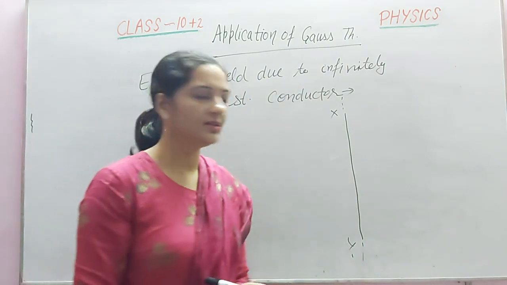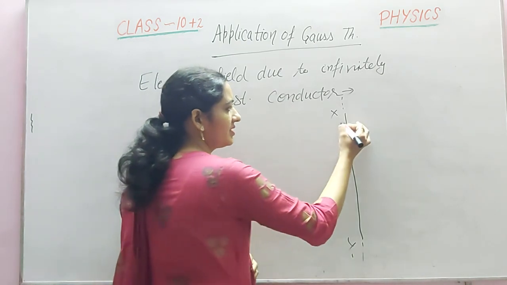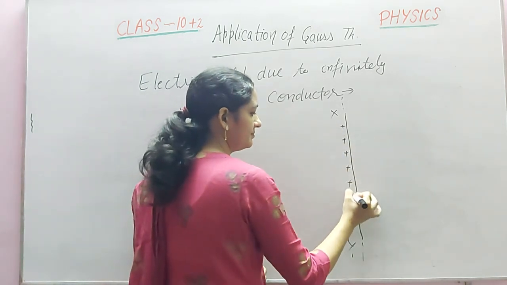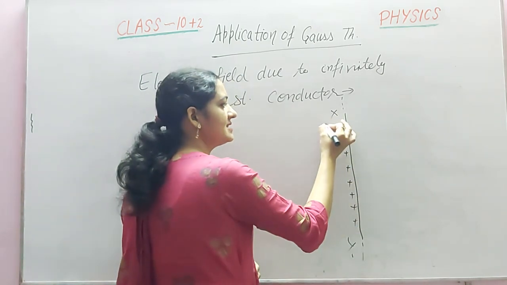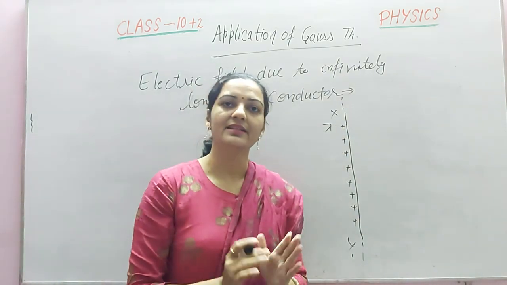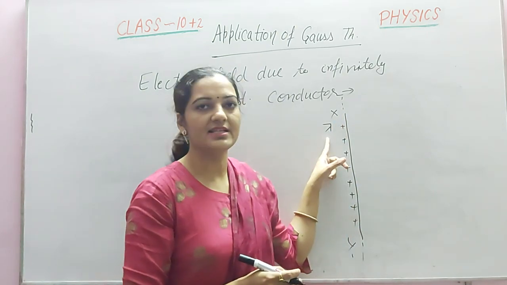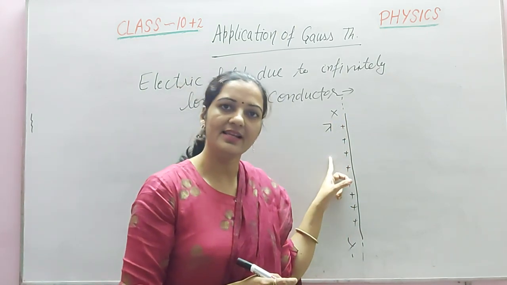The conductor may be very long, so we are discussing here XY, and the charge density is lambda. What is given about this conductor? That it is of infinite length and has linear charge density lambda.